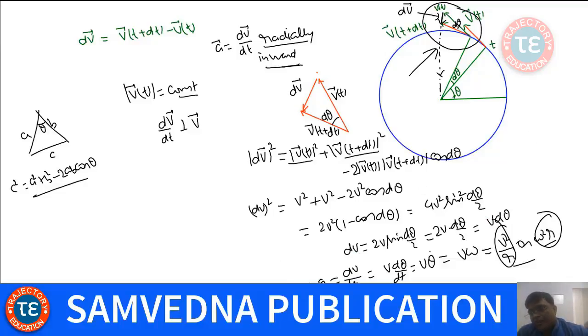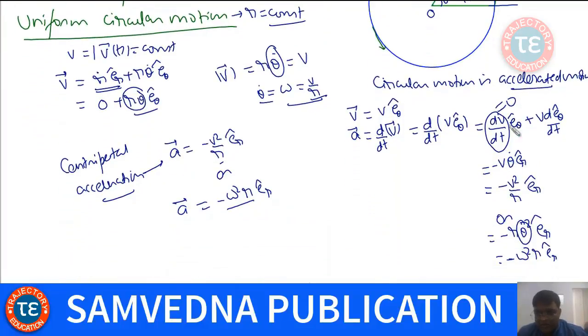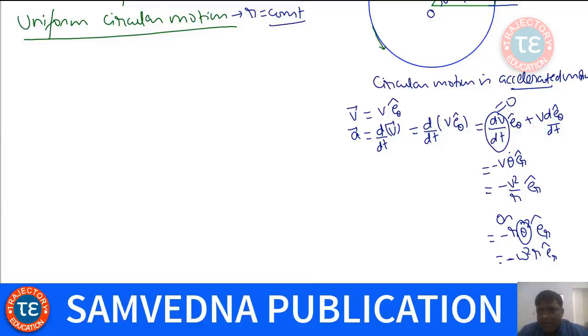And what about non-uniform circular motion? If it is non-uniform circular motion, we can't say this. Sorry, I should not say non-uniform acceleration, I should say non-uniform circular motion. In non-uniform circular motion, the magnitude of velocity is not constant.